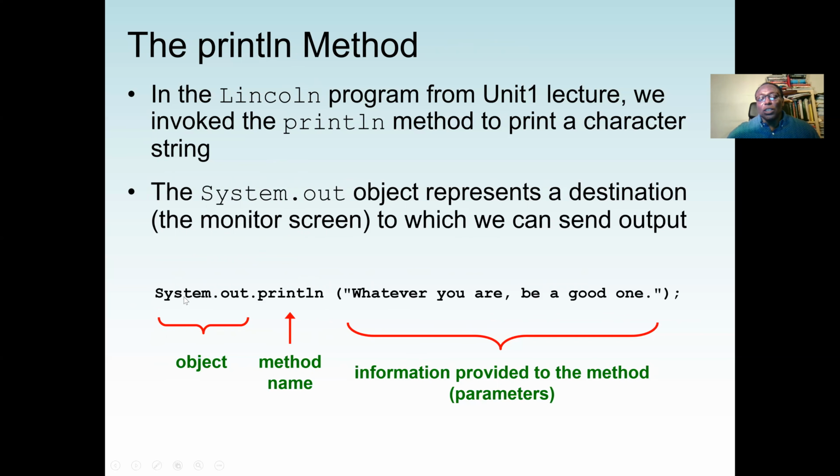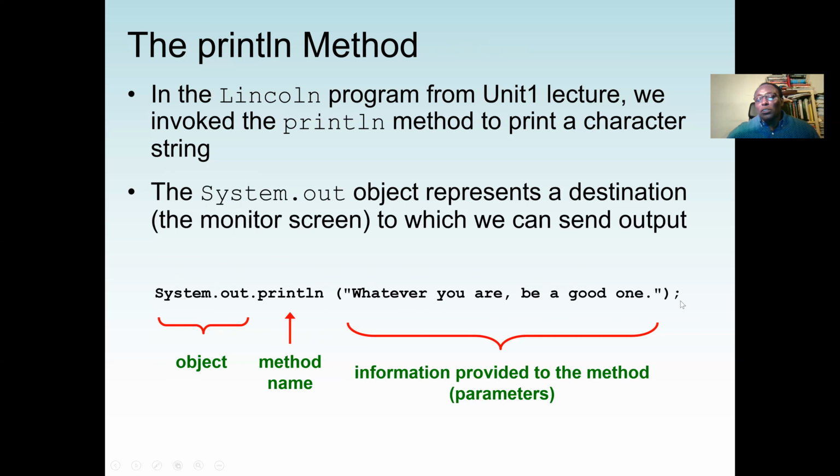So an example is given here, System.out.println. A method always has an argument. So whatever is inside the argument, the parentheses, is what we print out for println. So here, if I run this expression, I'm going to get "whatever you are, be a good one" on my monitor screen.